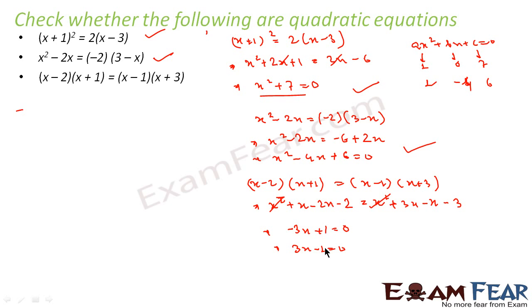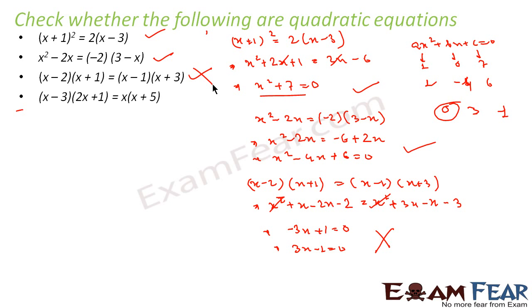Anyway, both are correct. If you see in this equation, a is 0, b is 3 and c is minus 1. Now since a is 0, this is not a quadratic equation. The rule says a quadratic equation is of the form ax square plus bx plus c is equal to 0, where a should not be equal to 0. So here a is equal to 0, that means this is not a quadratic equation.